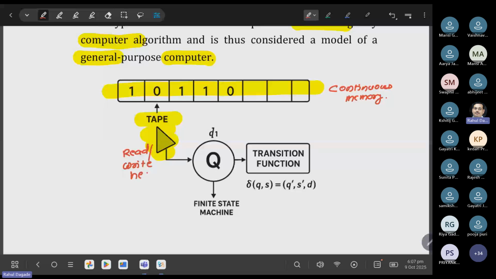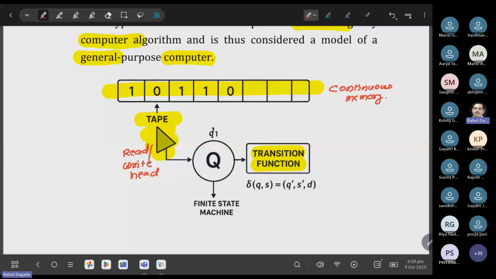That is, it has the capability to read the input from the tape as well as write something on the tape. And this read write head is driven by a transition function.